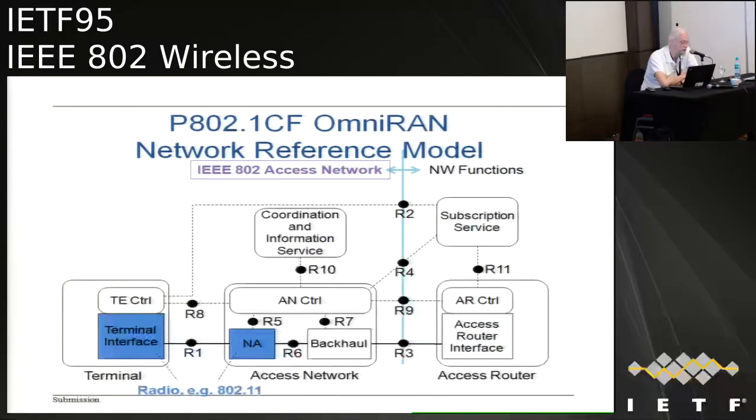And in fact, you may notice that it greatly resembles the goal of 802.15.ULI. But the OmniRAN intention was to enable similar convenient access to all the 802 wireless groups, or wireless MAC layers.